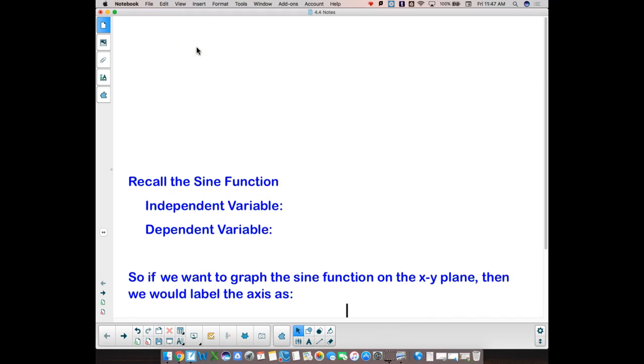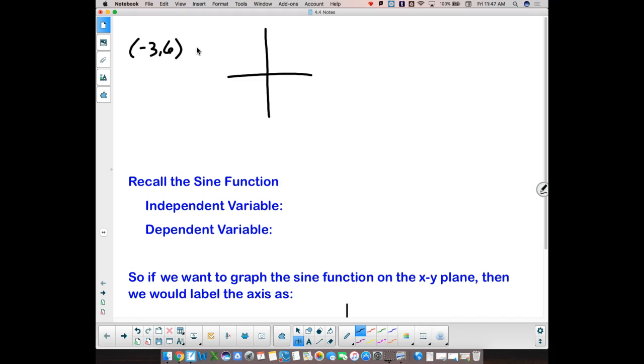Now, my point is at -3, 6. Where is that point located? Quadrant 2. How do I get to it? How do I get to the point -3, 6? This is not a trick question, I promise.